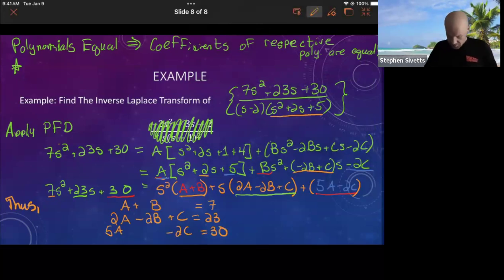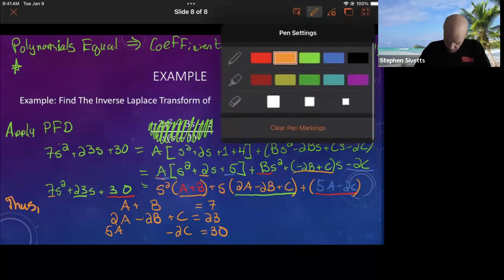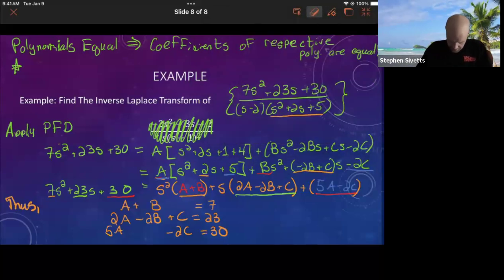Okay, so let's see, I have the partial fraction written down. Yeah, I do.